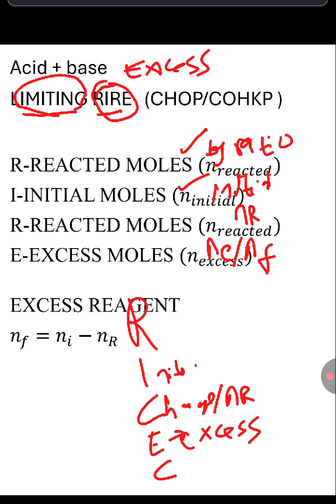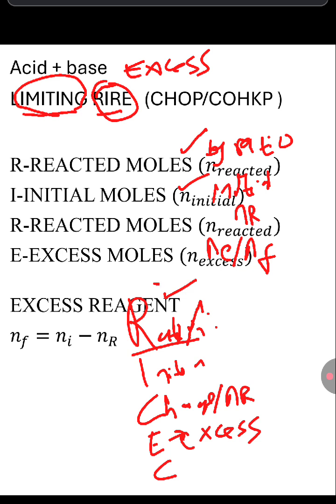Initial is the same thing, but now in your RICE table, this one represents your ratio. But in this case, it represents reacted moles by ratio. So it's actually still ratio, but reacted moles by ratio. That's what the first R represents.